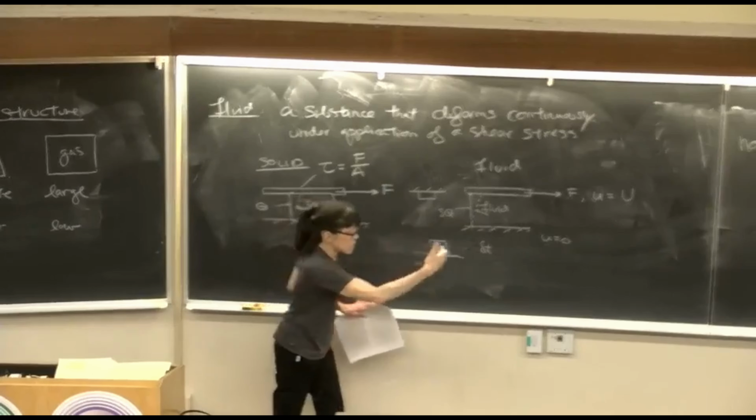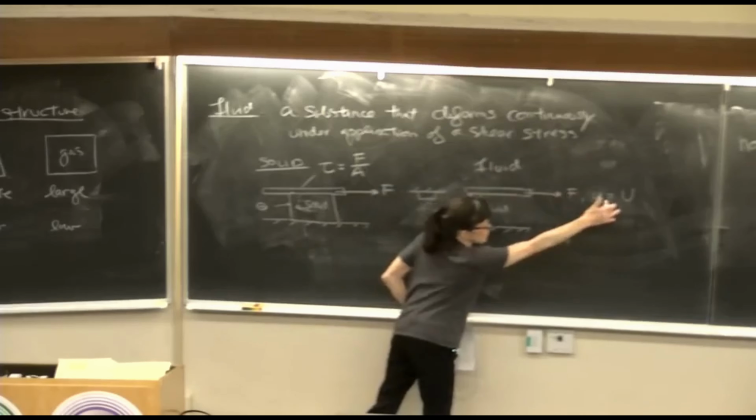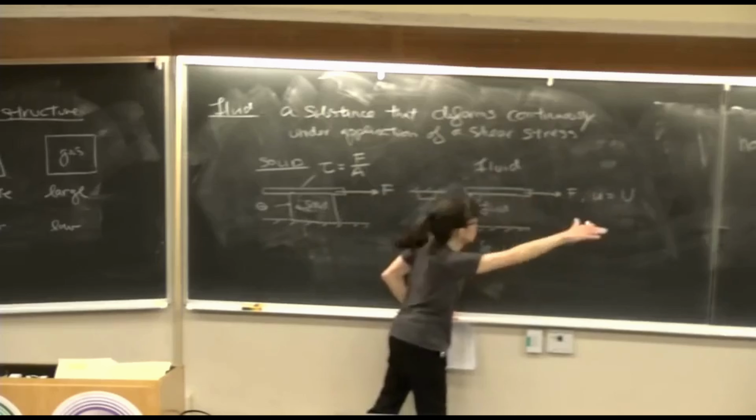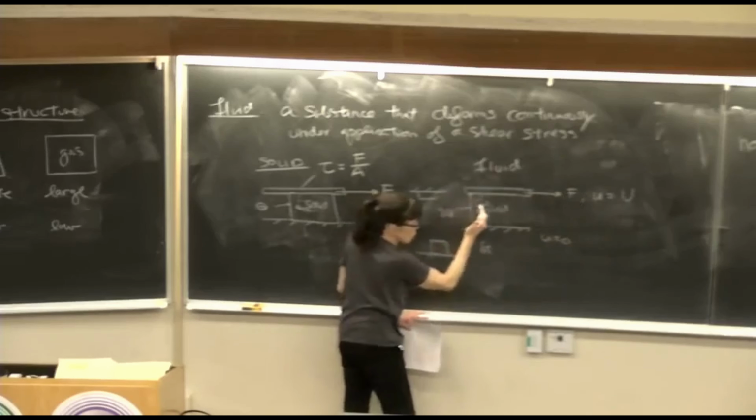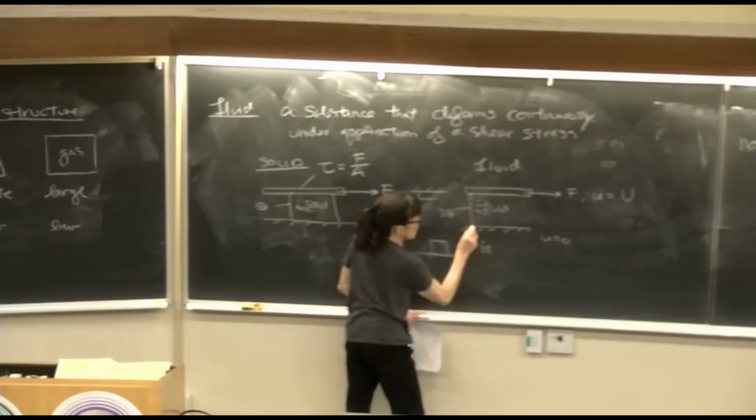But it's continuous. As long as I keep moving the top plate, it's constant in time, but it keeps moving. The fluid is going to keep moving. So at some increment of time later, this vertical line would end up maybe being here.